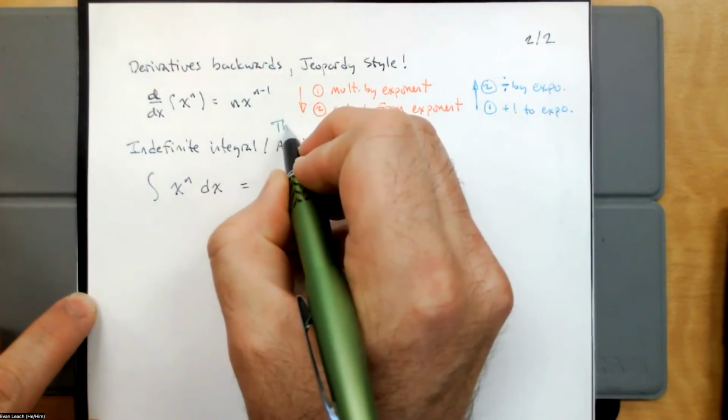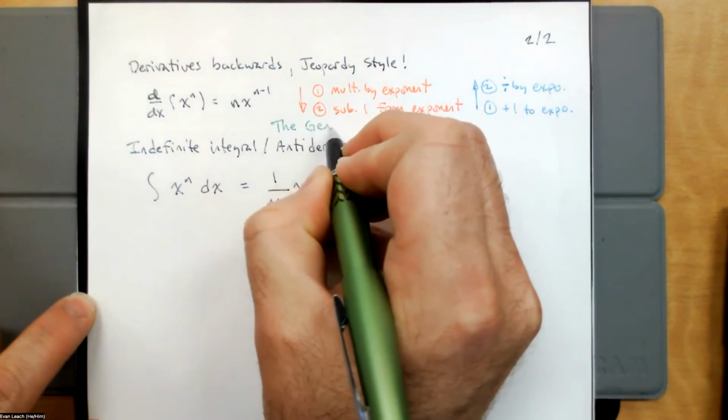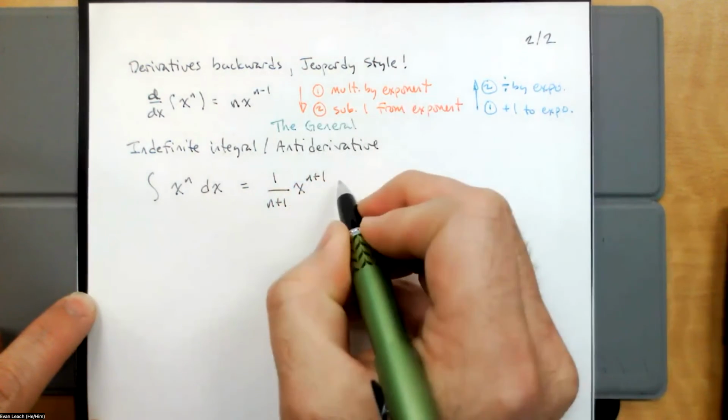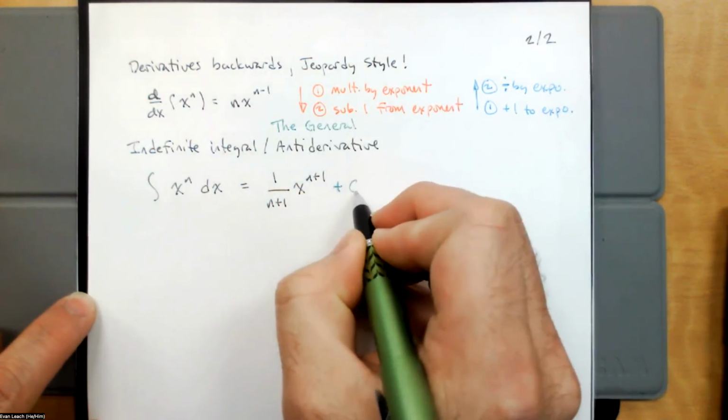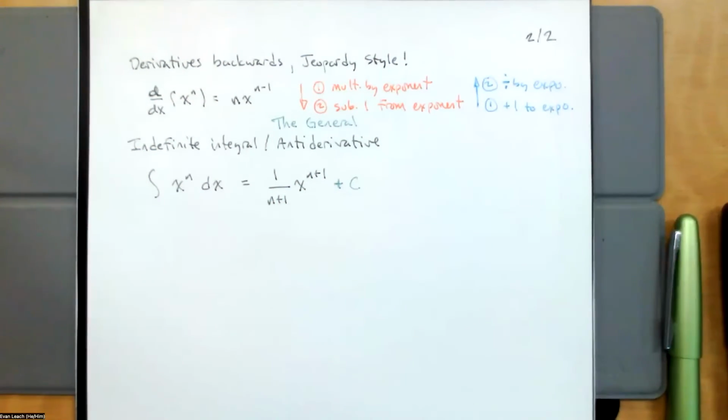To get that, we write plus c. If x to the n is the derivative, it must be the derivative of 1 over n plus 1 times x to the n plus 1 plus some constant that got zeroed out when the derivative happened. We call the plus c the constant of integration.